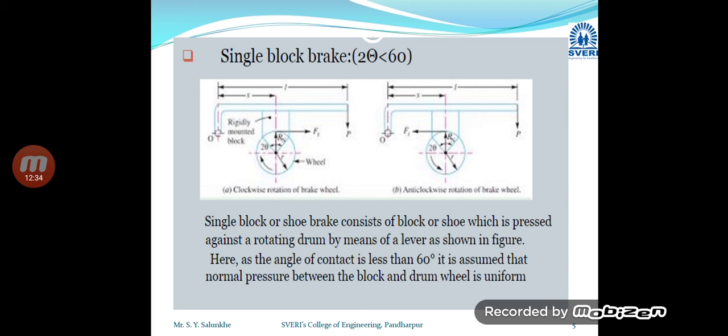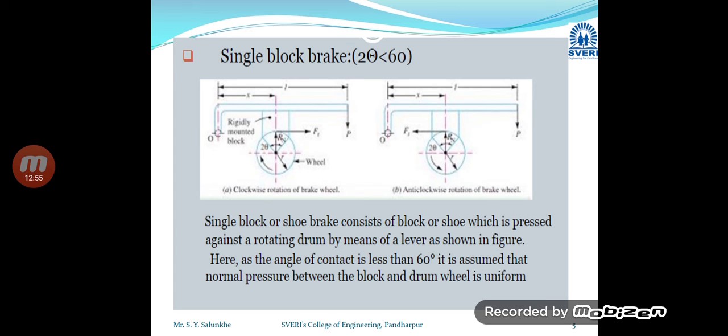If the angle increases, then a different name is given. This is related to the force analysis, because below 60 degrees we can consider that the frictional force acts at one point.